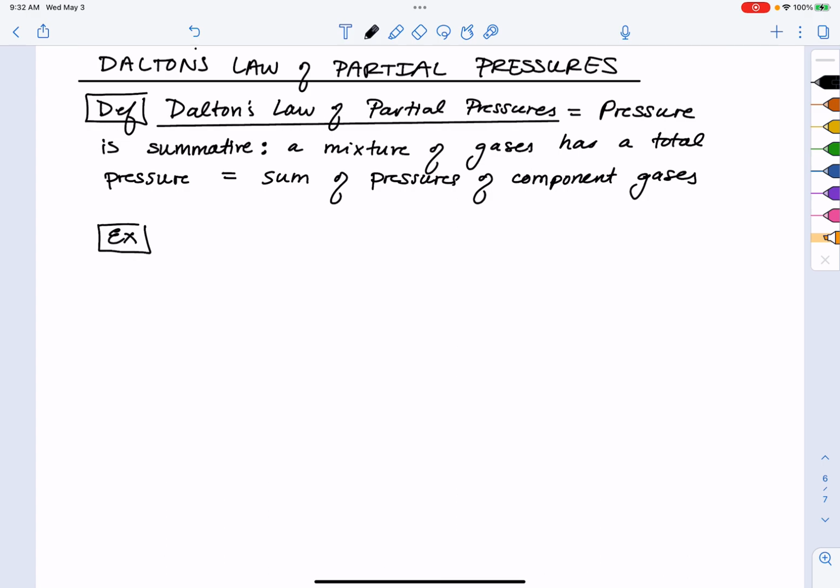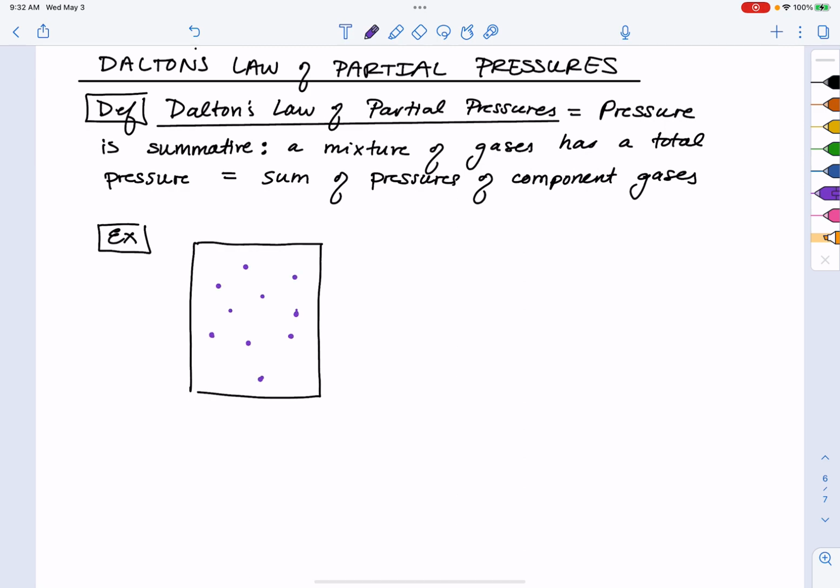So for example, let's say that I have some kind of container and I fill it with some pressure of gas 1, some pressure of gas 2, and then some pressure of gas 3. So I'm like pressurizing a container.